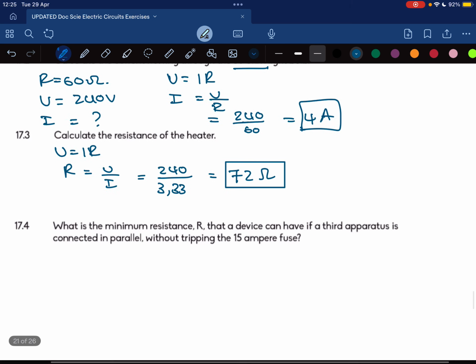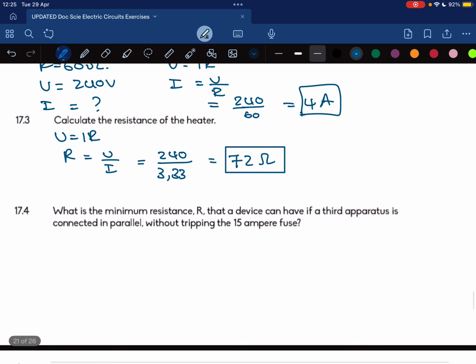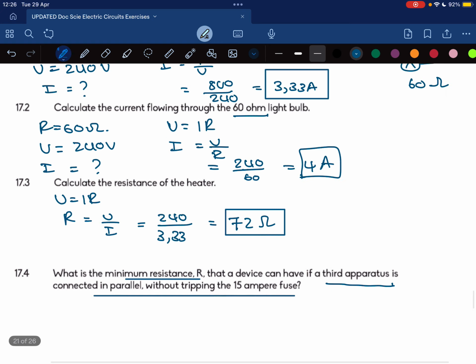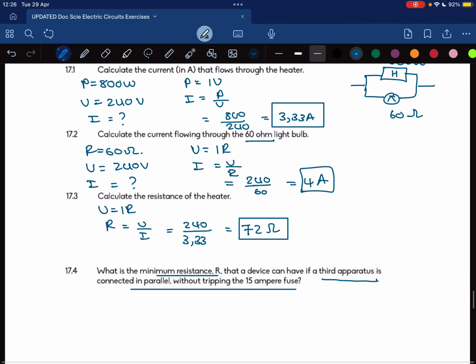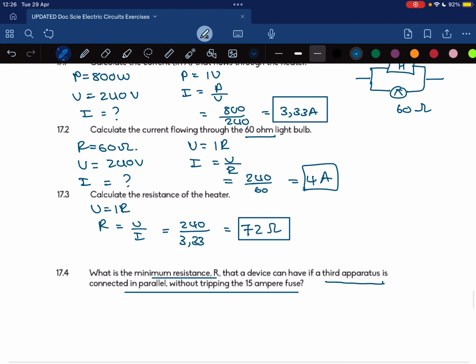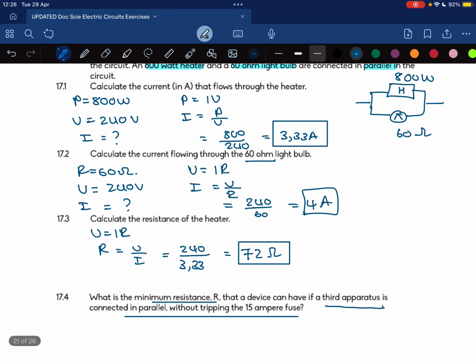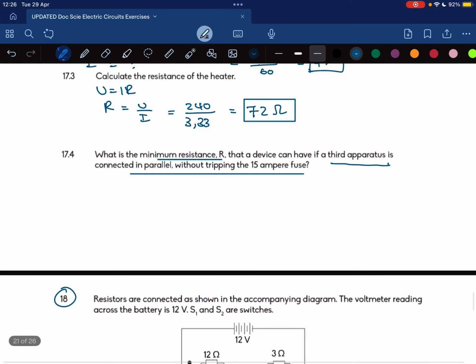Then it says, what is the minimum resistance R that a device can have if a third apparatus is connected in parallel without tripping the ampere fuse? So if we think about that now, the current that this third one would have. So let's think about that.